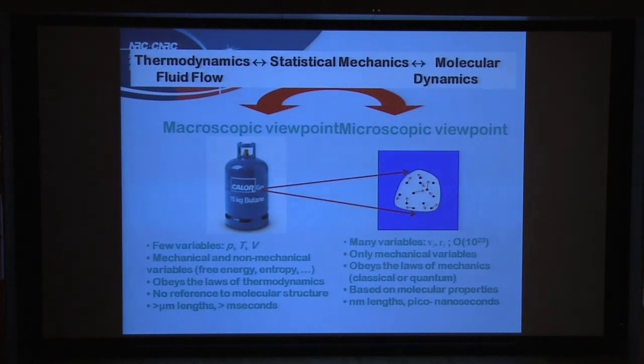Whereas on the molecular side, we deal with molecular dynamics. And in this case, we have many variables, as many as there are atoms in the system, so often Avogadro's number, and the variables are the velocities and the positions of the atoms. We only have mechanical variables, and the system obeys the laws of mechanics, either classical or quantum, and it is indeed based on molecular properties, and we deal with nanometer length and pico to nanoseconds.